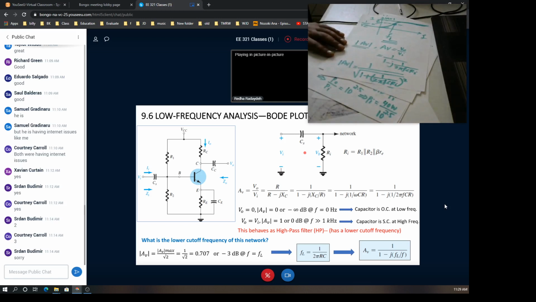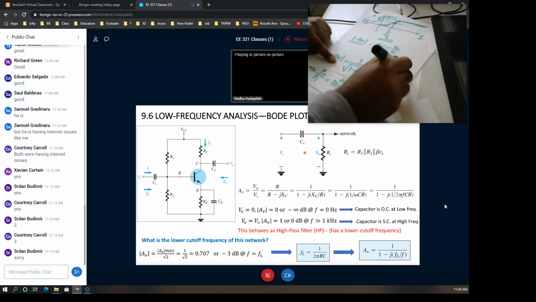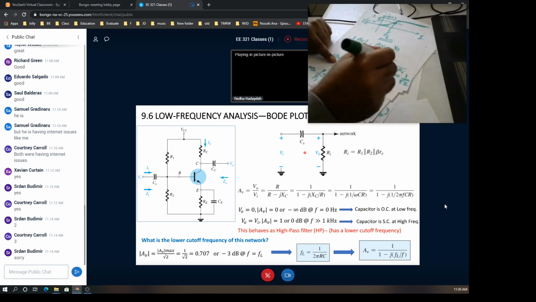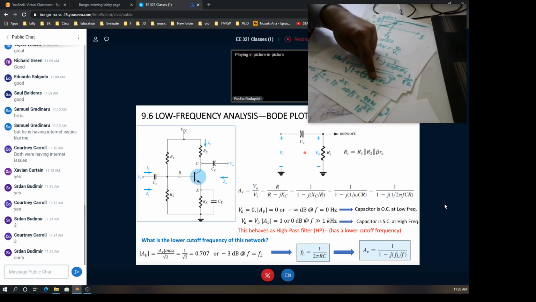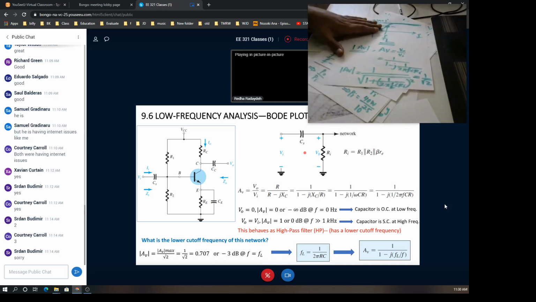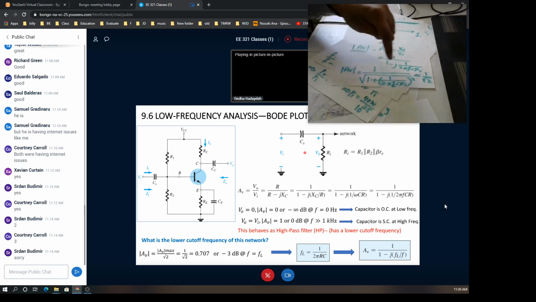So this is the magnitude of the voltage gain. Now we need this magnitude to be equal to 1 by square root of 2, and then solve for that frequency F at which this condition is satisfied.